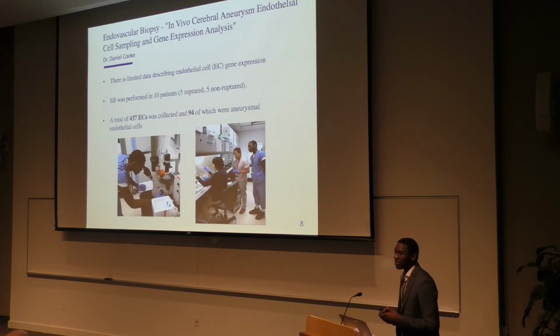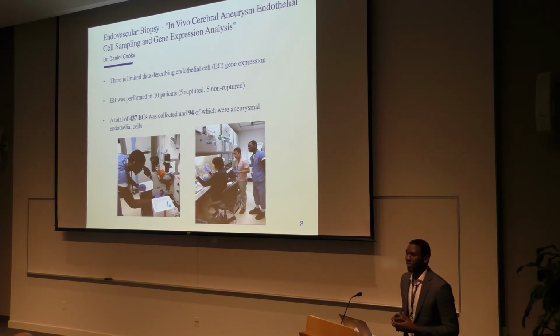We know that there is limited data concerning the genetic expression of endothelial cells, and that is because of risks associated with surgical tissue collection of intracranial aneurysms and arteries. We also know that fewer and fewer patients are undergoing surgical clippings, so we would like to expand our research to the growing endovascular population.